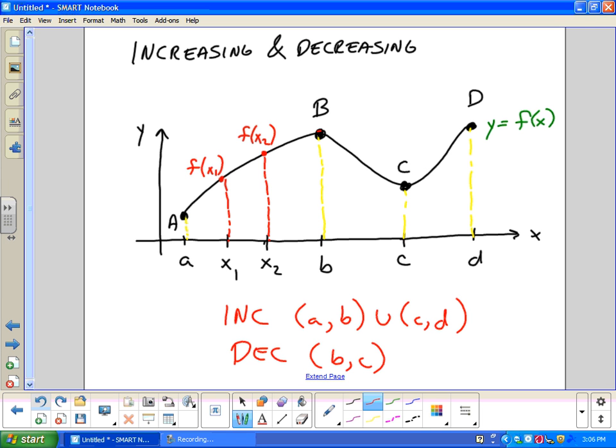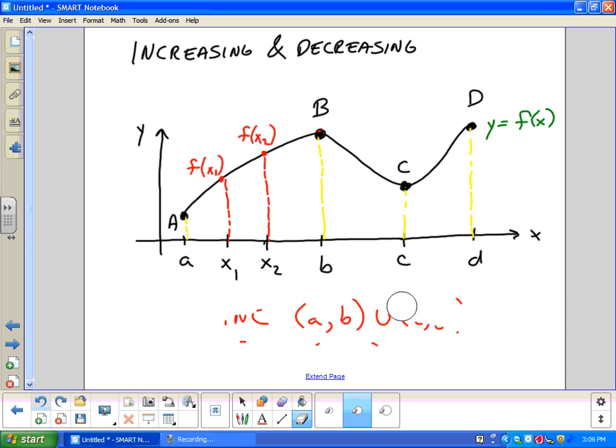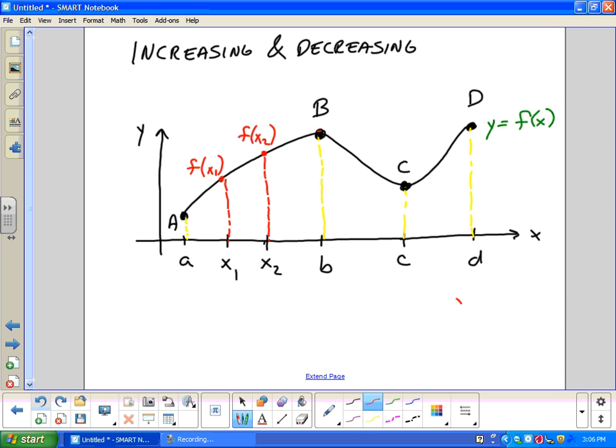The rule here you should know, all right? And you'll see I have a set of x's here. The function's increasing when x2 is greater than x1, in this case, and f of x2 is greater than f of x1, the output. When's it decreasing? Well, the same rule.